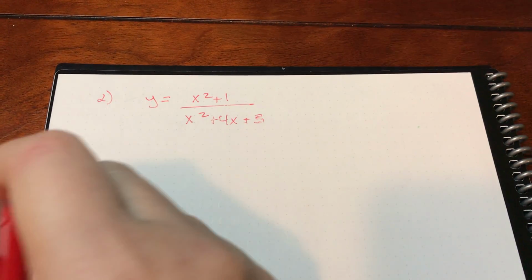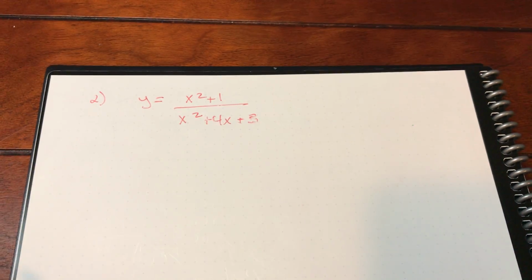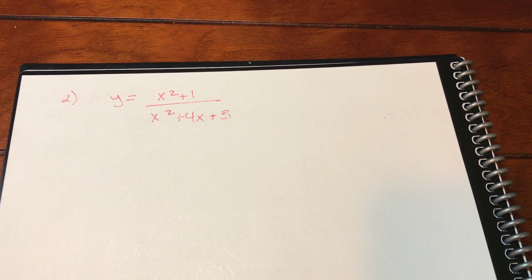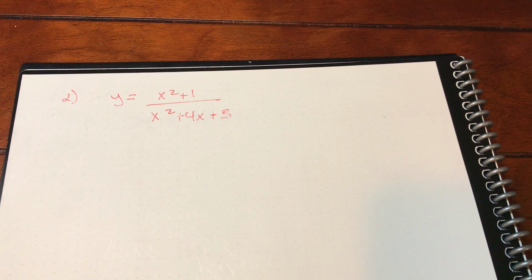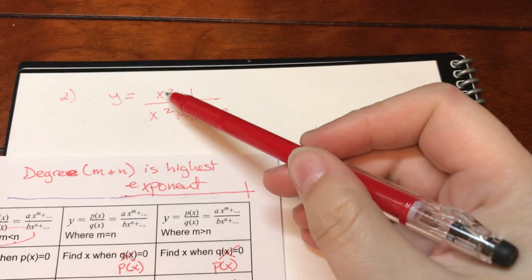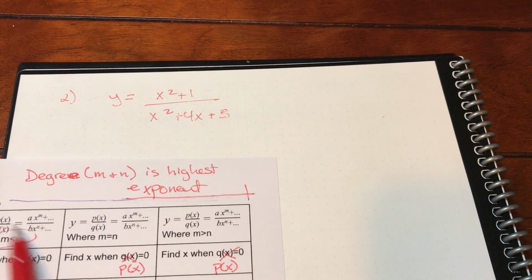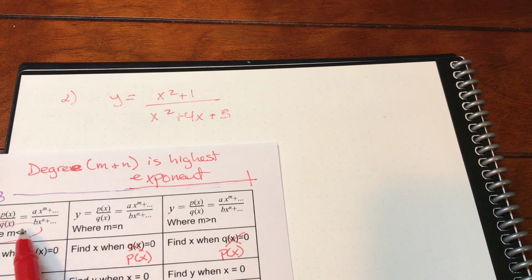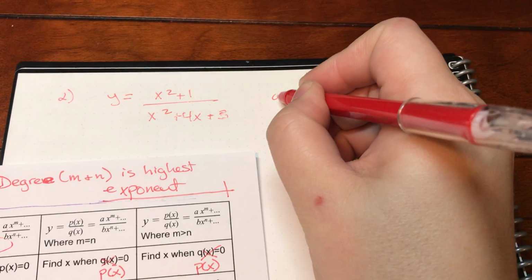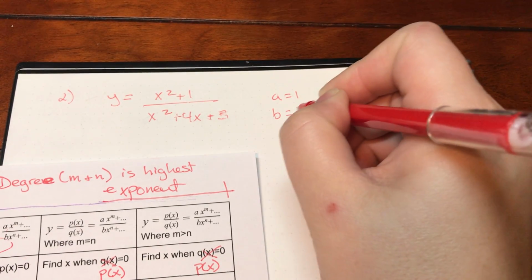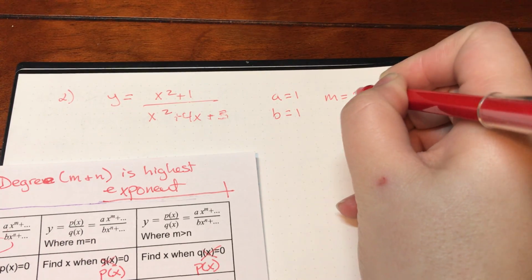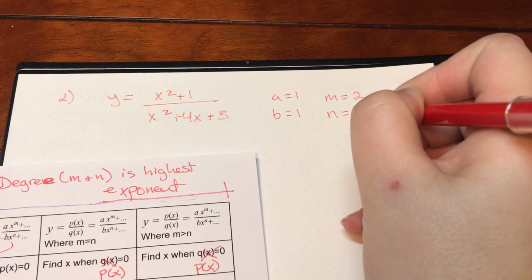Now to the next example. This one. All right. Again, I've got these squared, so I know it's going to be one of these. Now I'm going to look. My A equals 1, my B equals 1, my M equals 2, and my N equals 2.